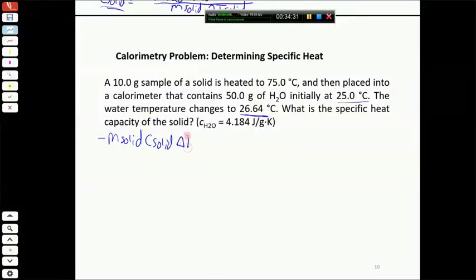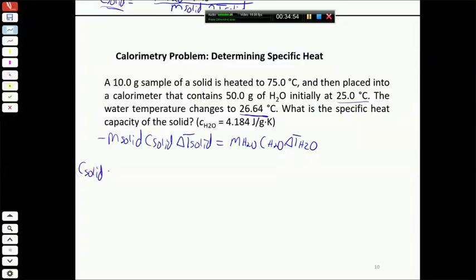So the negative of the heat that's lost from the solid is equal to the heat that's absorbed by the water. And then we could either just start plugging in numbers and solving at the end, or we can rearrange the equations if we want for an expression for the heat capacity of the solid.